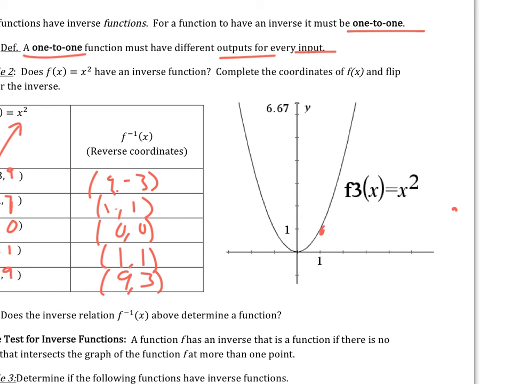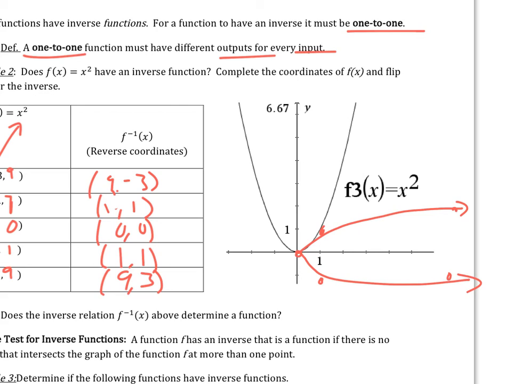We have 9, negative 3 somewhere over here. Actually, negative 3 down here, 9, negative 3. We also have 9, positive 3 here. Okay, we got 1, 1, 1, negative 1, and 0, 0. Okay, so there's our curve there, and it's kind of a parabola on its side.